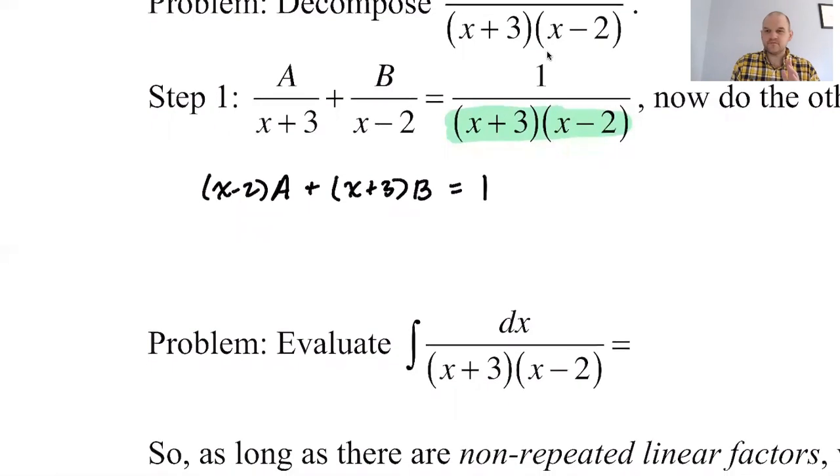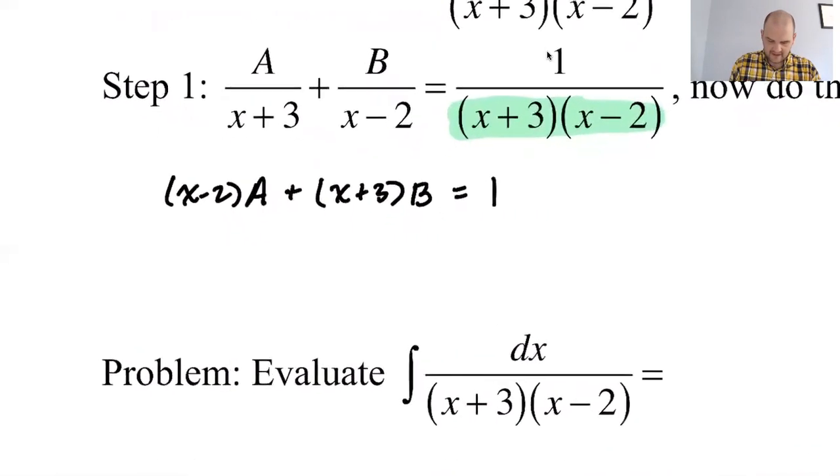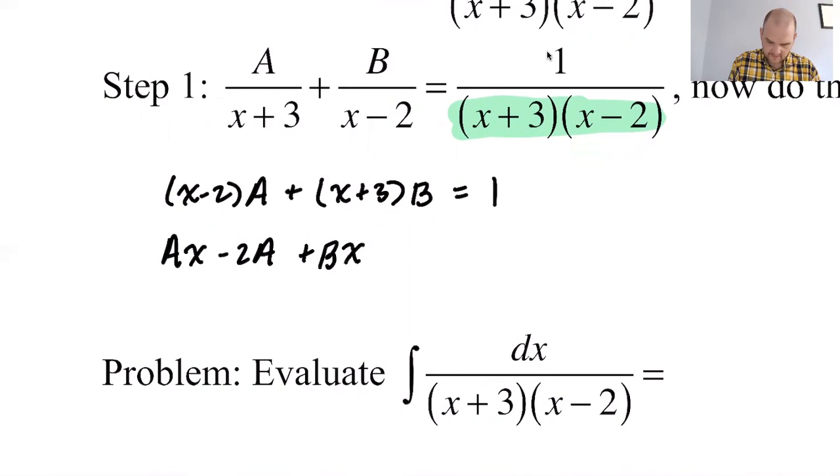Okay, so what can I do here? I can expand. So this feels similar to when you are solving differential equations, right? So you equate coefficients. So I'm going to expand. If I do that, I will get Ax minus 2A plus Bx plus 3B equals 1.